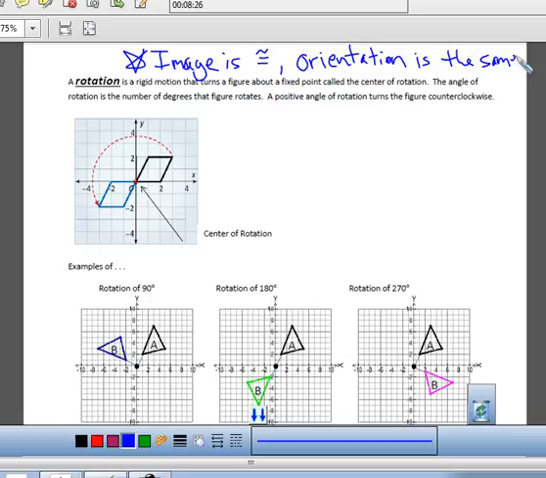So with rotations, the trick is finding where the image is going to be. Essentially, they change the location. So everything else remains the same, unlike with a reflection where the orientation is the opposite. The orientation stays the same.